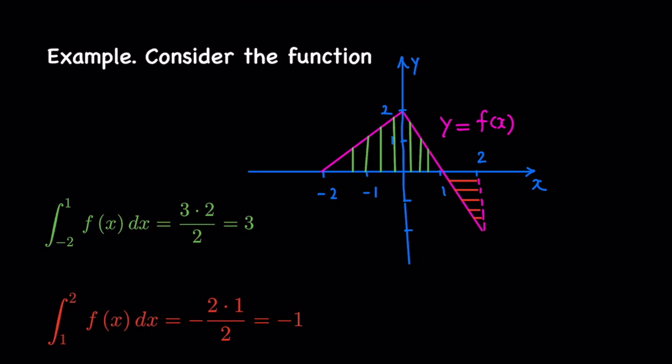Suppose the function f is given, and the graph of the function f is given by this pink curve. In the first part, we want to find the definite integral of this function between -2 and 1.